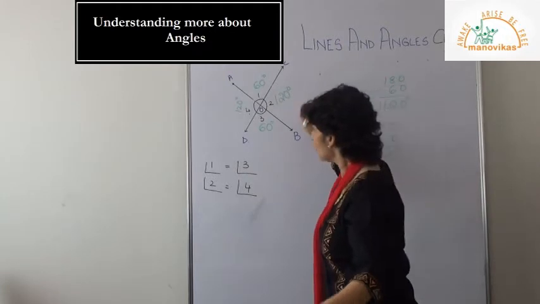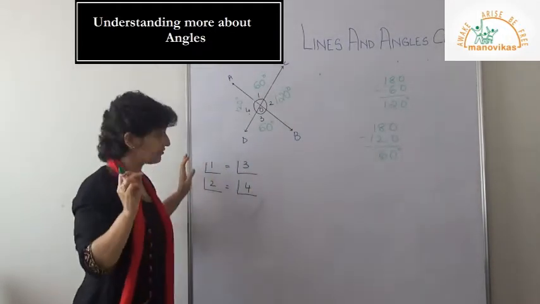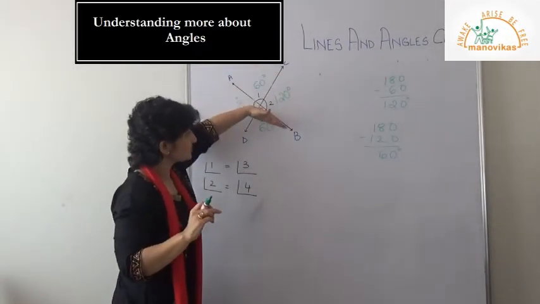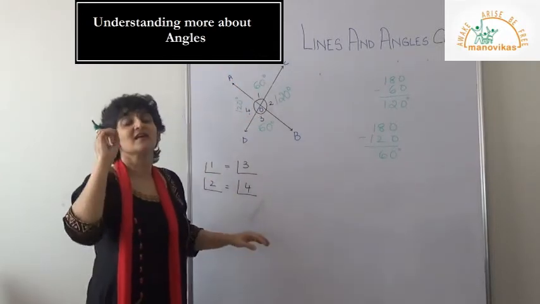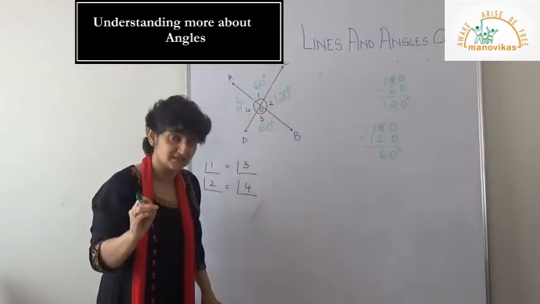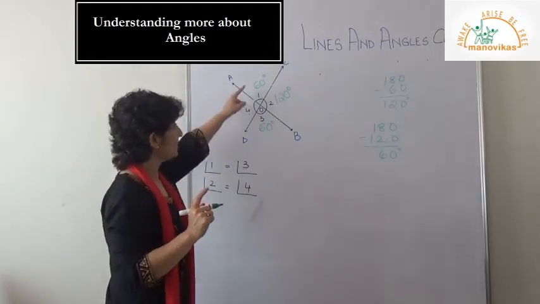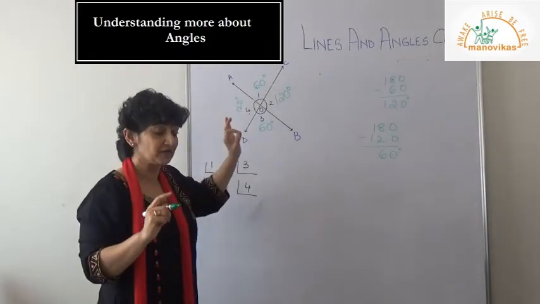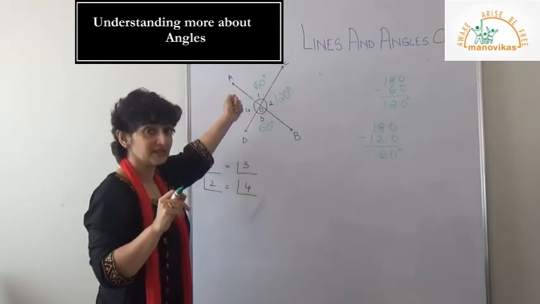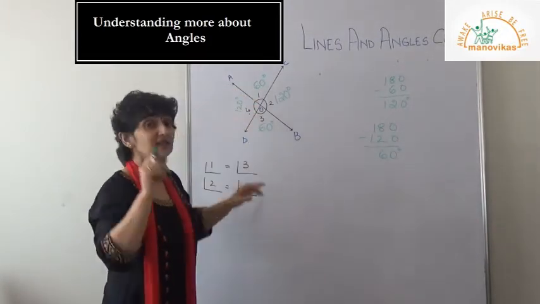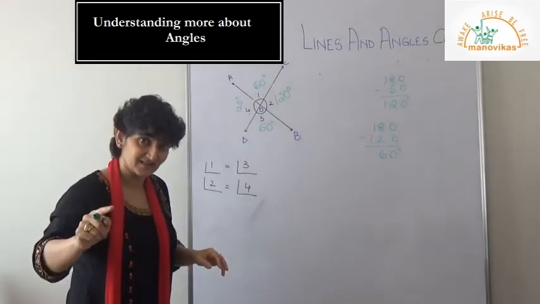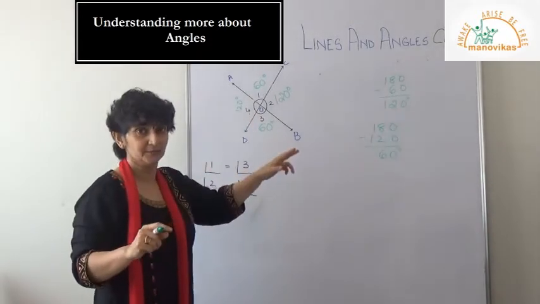Right? Now from this, children, we know our definition. When two straight lines intersect at a point, we get vertical angles. So what's the conclusion? You understand that the vertically opposite angles are equal, right?